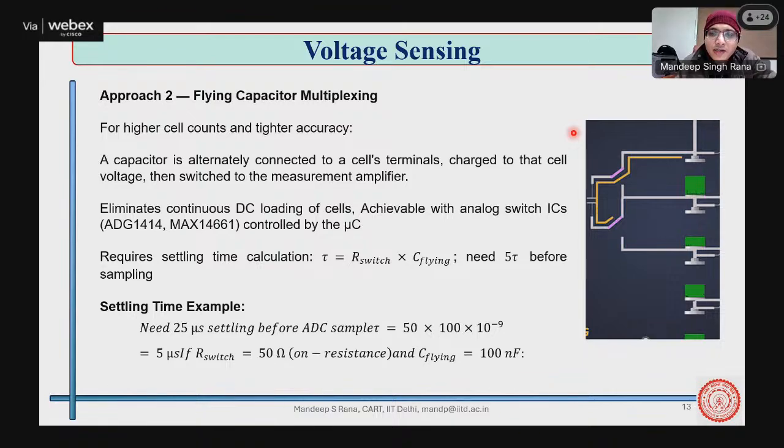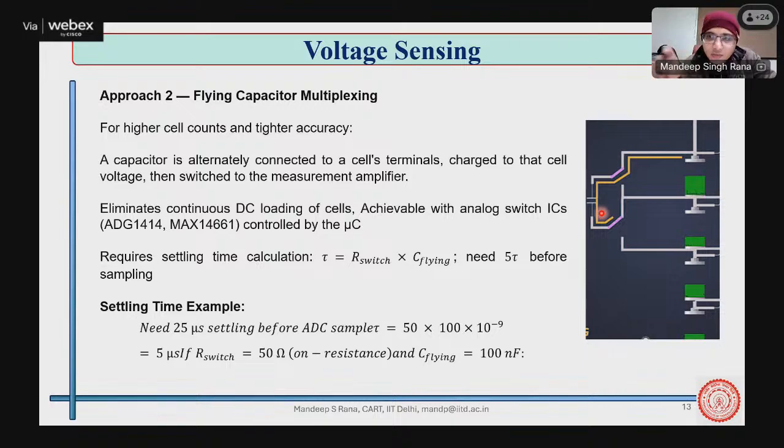Now, if you want to avoid those losses and keep it minimalistic, there is another approach called the flying capacitor. It reduces our problem of, let's say, common mode noise and so on. So what we do is we take a capacitor, wherever we want to measure, we connect this capacitor, let it charge a little bit, and then we measure that data.